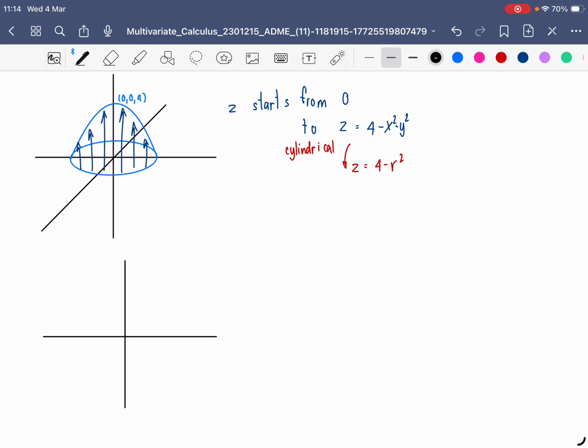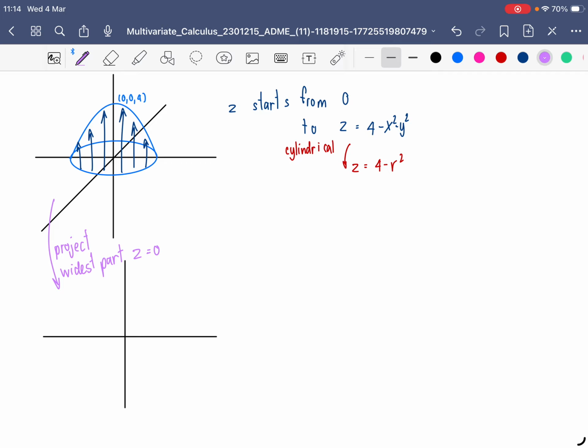So project. The widest part is when z is 0. So when z is 0, you are projecting the elliptic paraboloid. So you have z equals 4 minus x squared minus y squared, and you're going to get x squared plus y squared is 4.